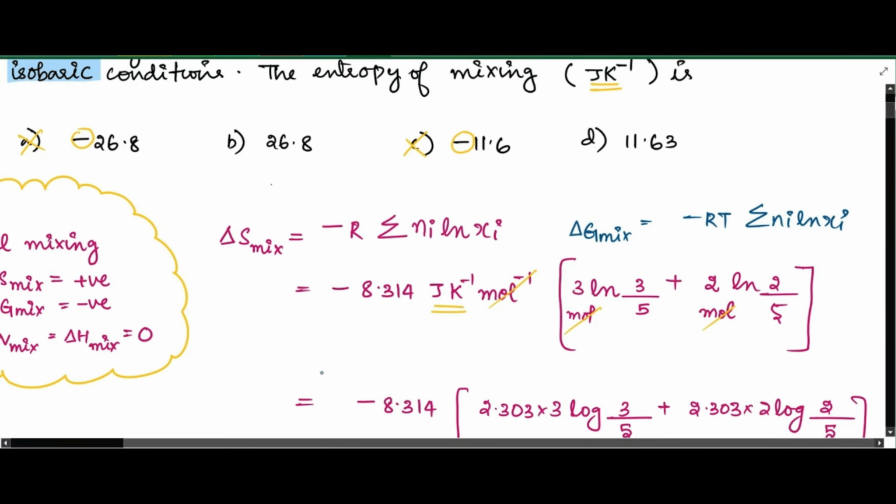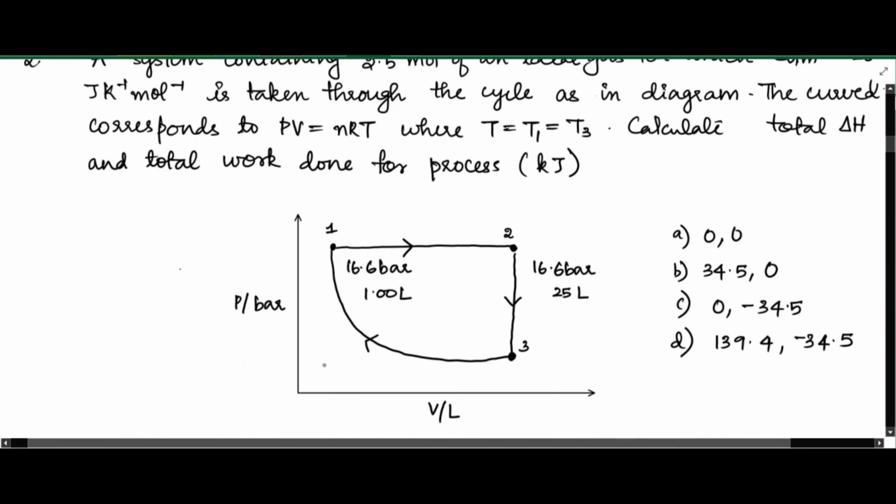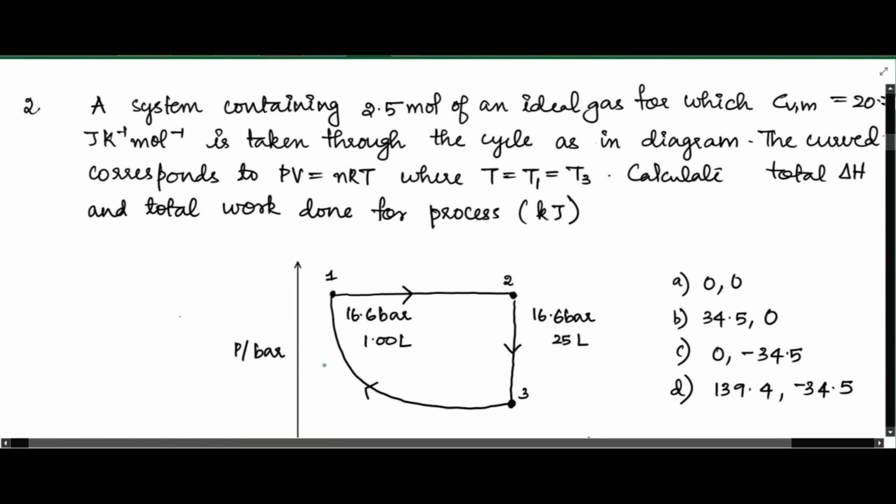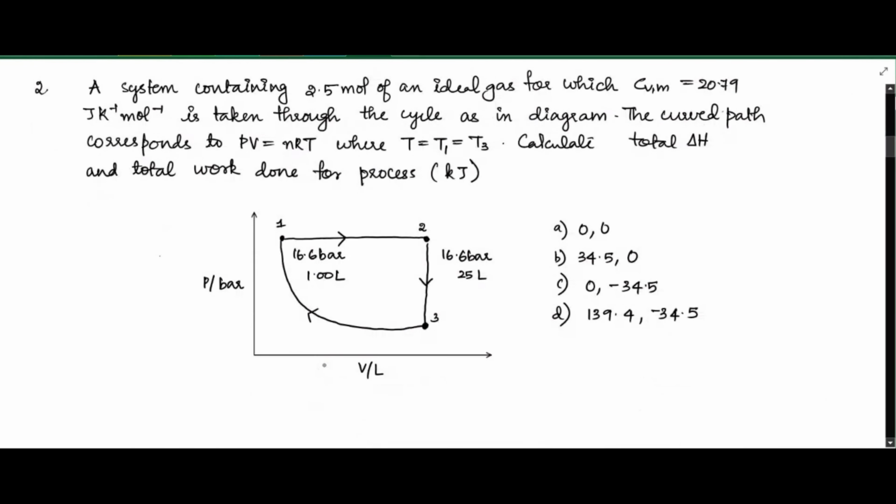Alright. Next question. This kind of question usually comes. Read the question very well. You have a system that contains 2.5 moles of some ideal gas for which CVM, specific heat capacity at constant volume, is 20.79 joules per Kelvin per mole.